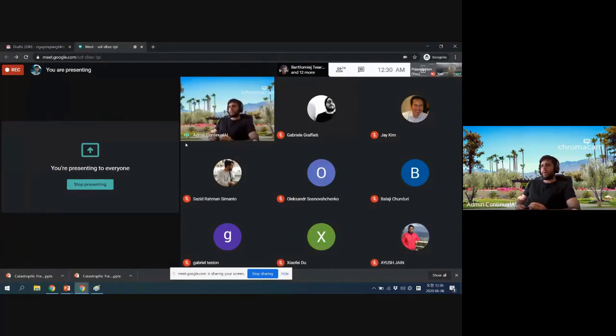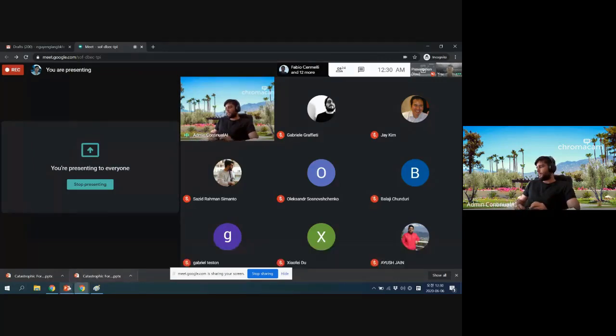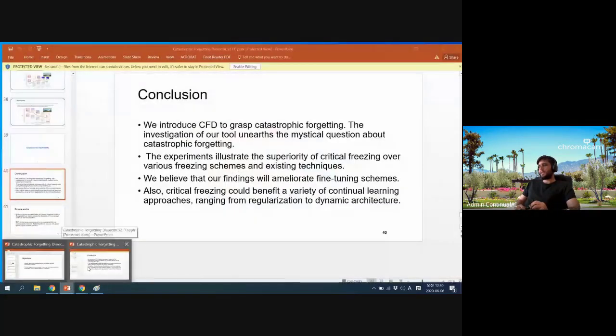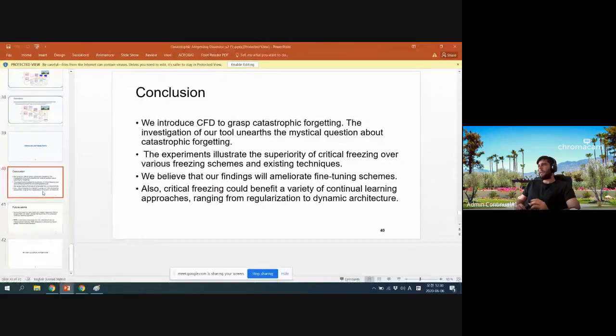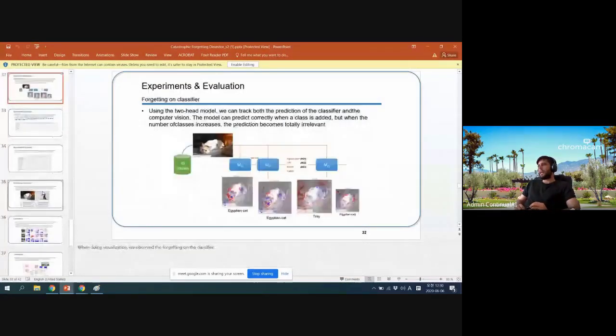But I have a question with respect to the feature maps that you consider in your forgetting metric. You said that you use some specifically selected feature maps, but have you tried to use all the feature maps or other strategies to select the feature maps?